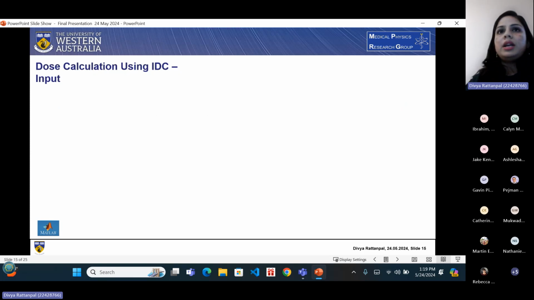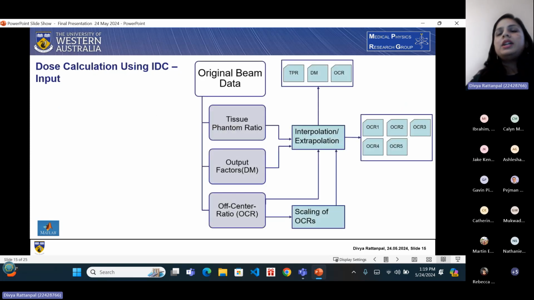Another input required for the code is the original beam data. This is the beam data obtained during the commissioning of the treatment planning system. The beam data is the tissue phantom ratio, output factor, and off-center ratio.